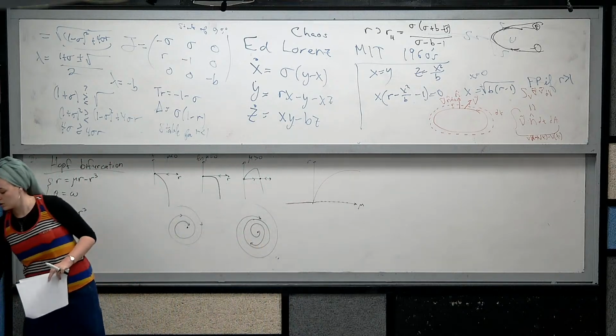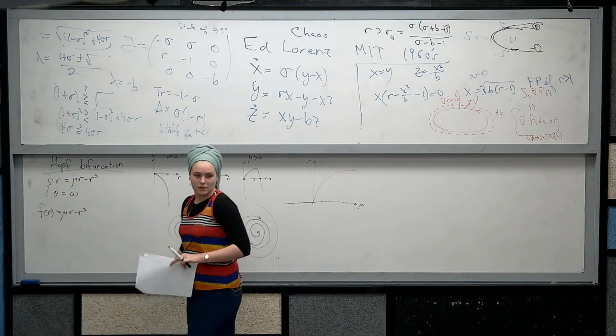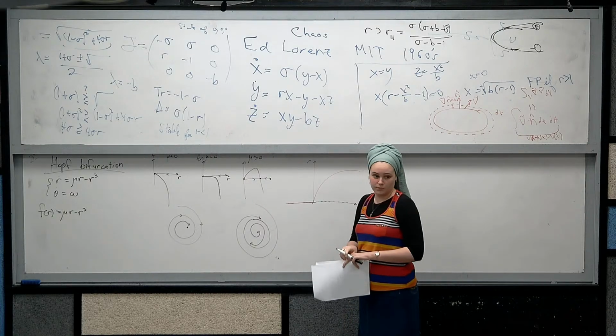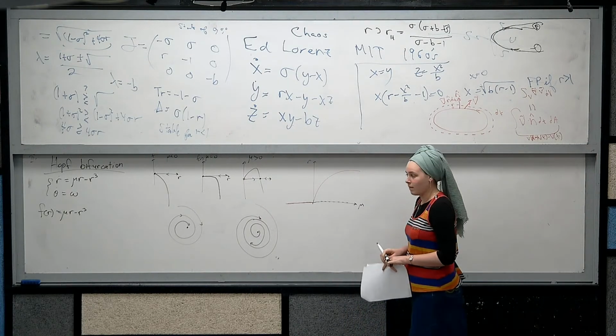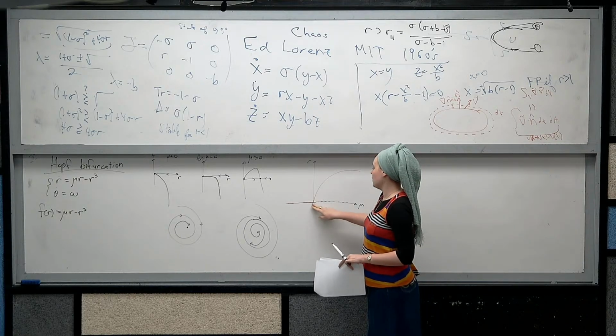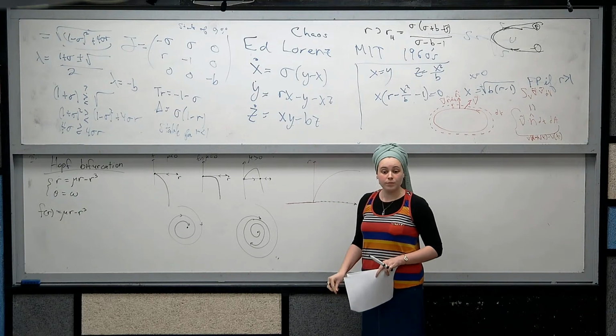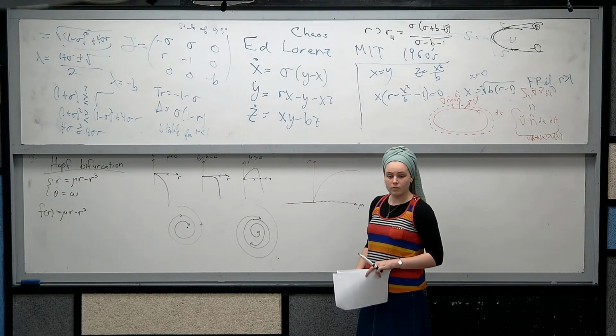It is very similar to a pitchfork bifurcation, right? With only one prong. Yes, it's a pitchfork in the r-axis, because r cannot be negative.